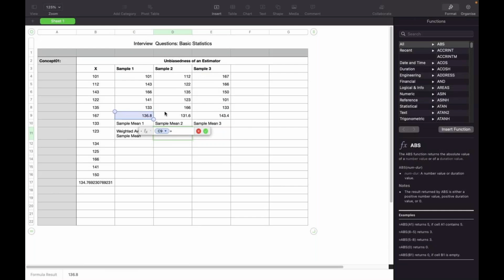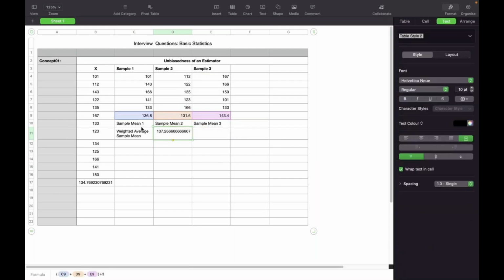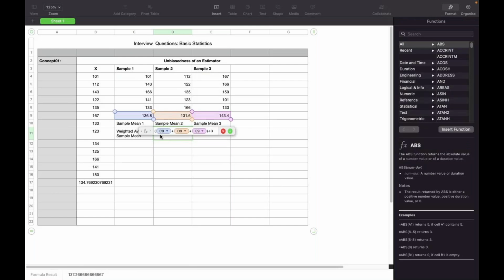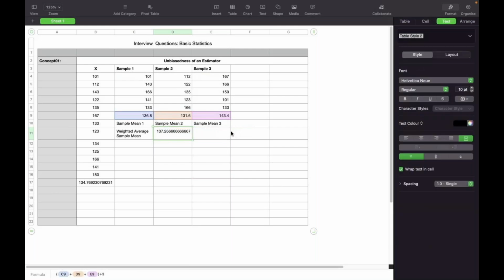This plus this plus this. I'm just doing a simple addition because all of them have a unique frequency. Now if they had different frequency, it would have been a frequency weighted average. So observe that the weighted sample mean is 137.26. So it is coming closer to 134.